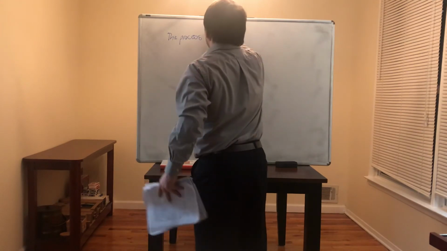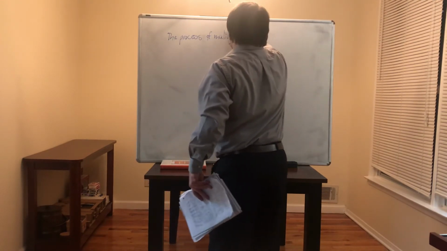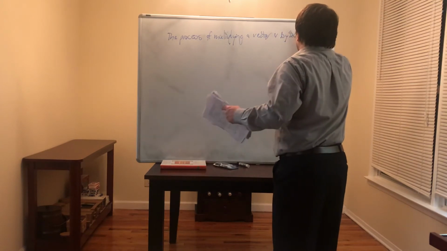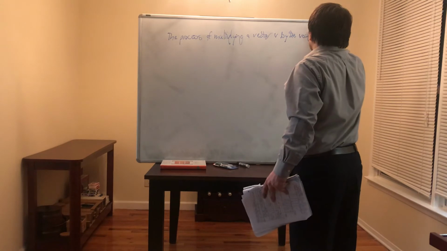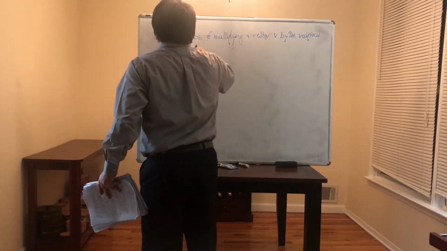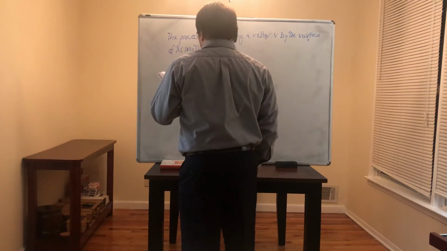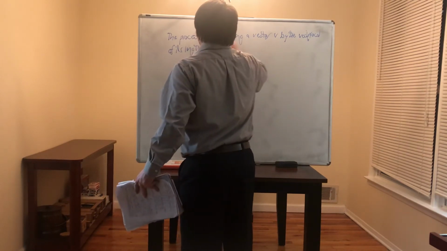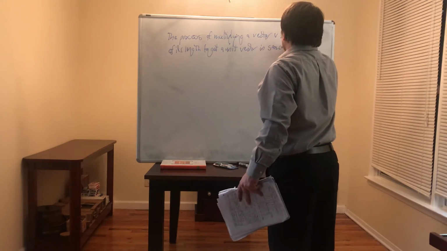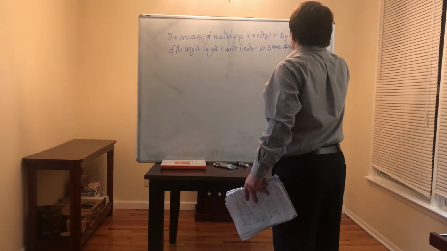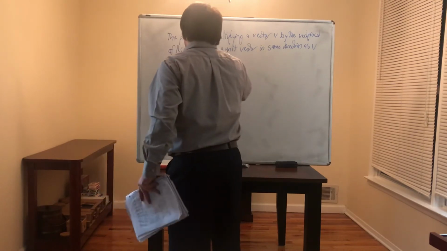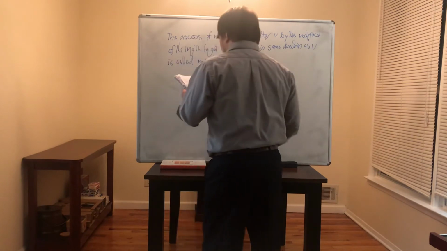So the process of multiplying a vector v by the reciprocal of its length to get a unit vector in the same direction as v is called normalizing v.